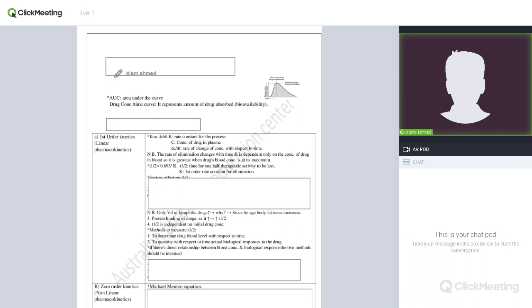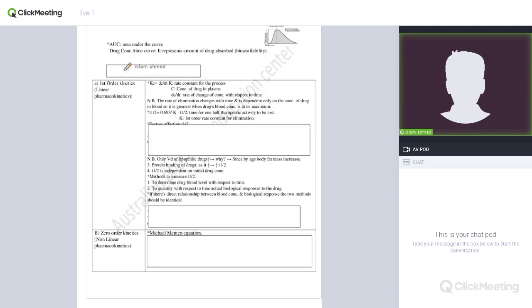Okay, after that we have the prodrug. Prodrug is a compound that is converted to the active form inside the body. Examples for that are enalapril and clonazepam.